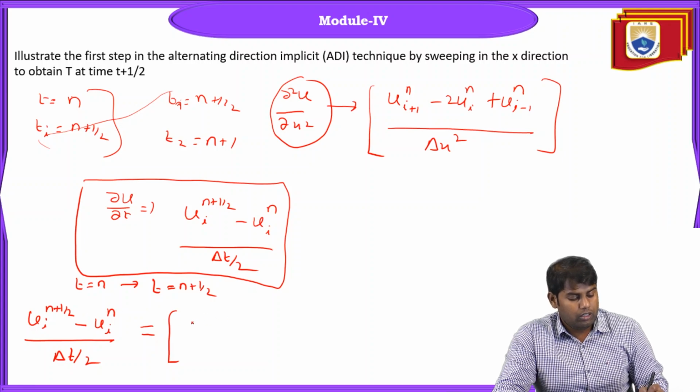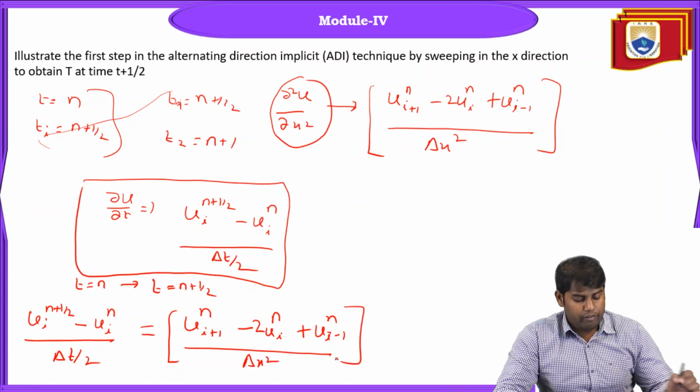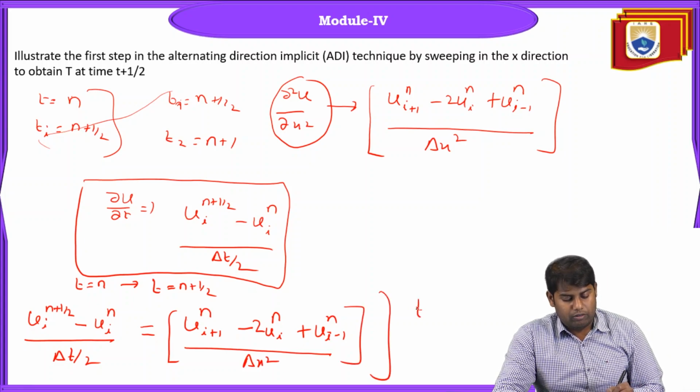So this will be (u_{i+1}^n − 2u_i^n + u_{i−1}^n) / Δx². This is what we have for the first half.